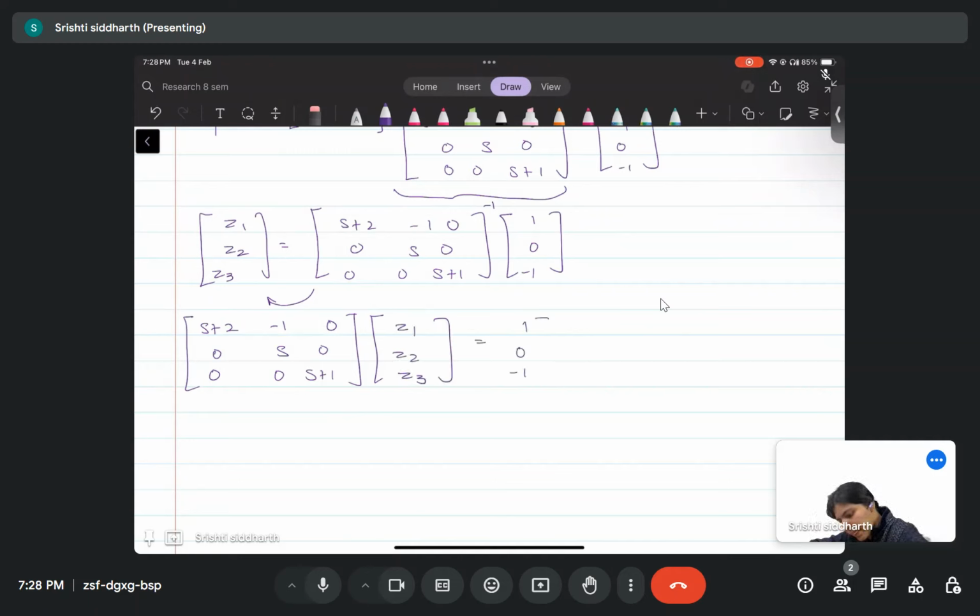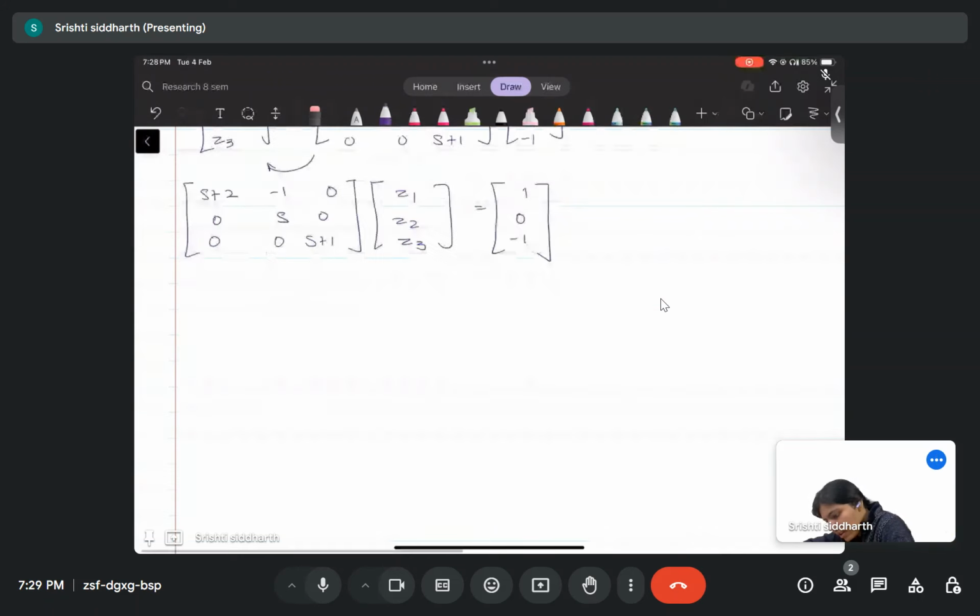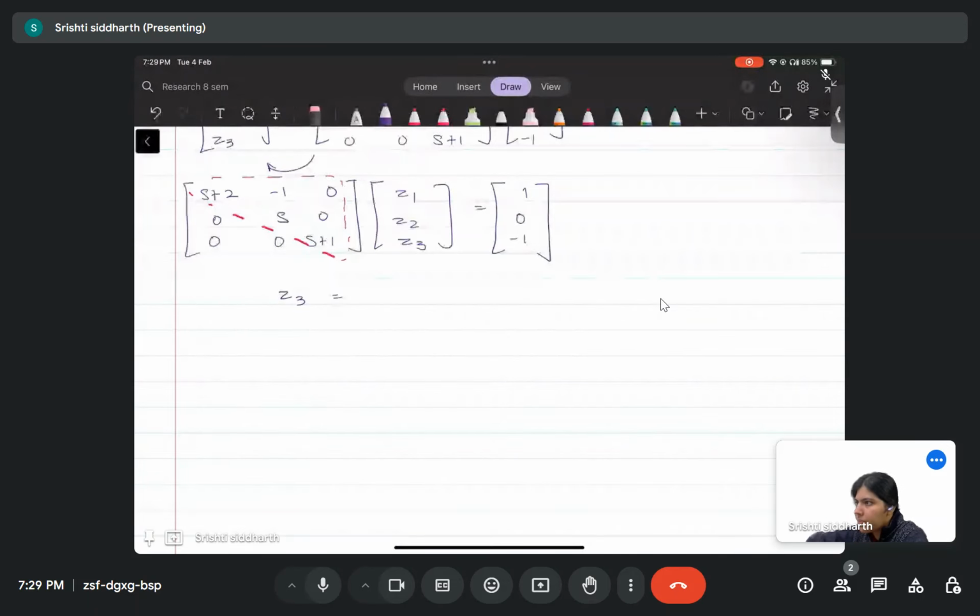Okay, let's see. You can see that this is in upper triangular form. So Z3 is simply minus 1 over s plus 1, then we have 1 upon s plus 2.